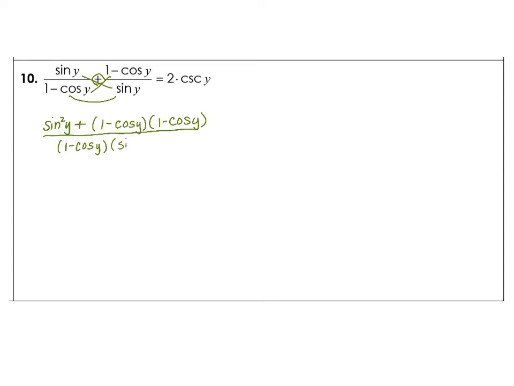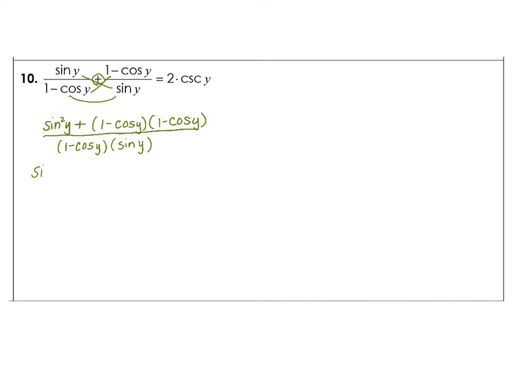times sine y. Now please don't try to go through and cancel any of this. You cannot cancel any of it. You would just really go in a big circle and make a mess, so don't do that. We do need to FOIL out the numerator, so no little tricks here. We're going to have to multiply that out.